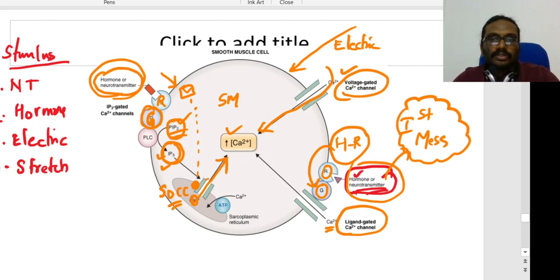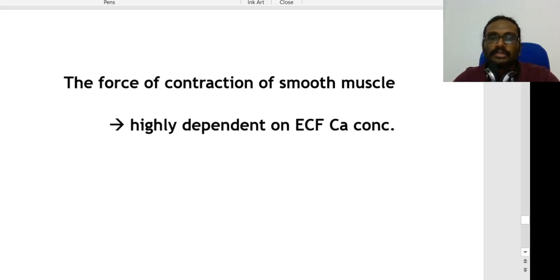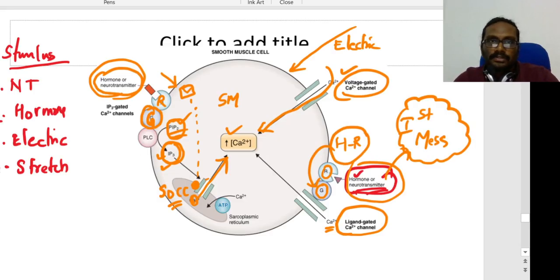Now since the calcium has got into the cytosol, it's time for the muscles to contract. The force of contraction of smooth muscle will highly depend on the extracellular calcium, as already discussed, since the sarcoplasmic reticulum stores are very limited in smooth muscle cells. Everywhere calcium has to come from outside to inside.